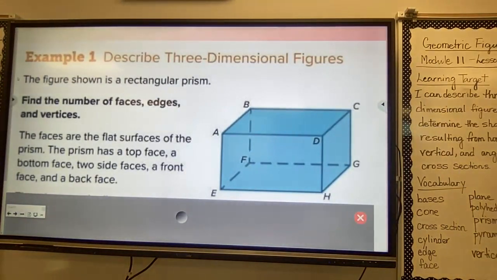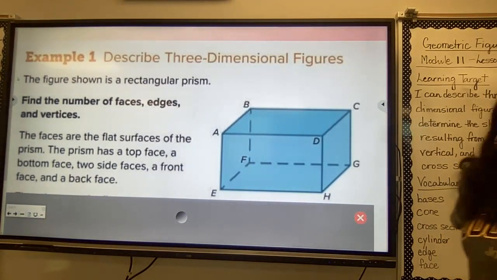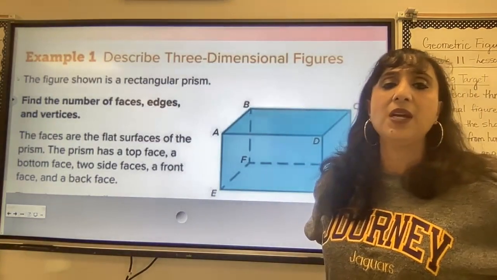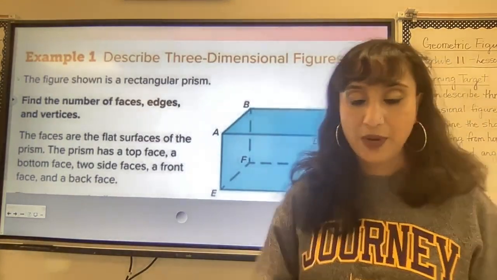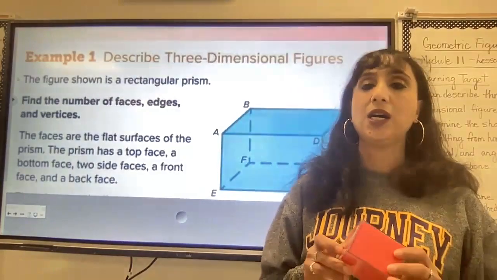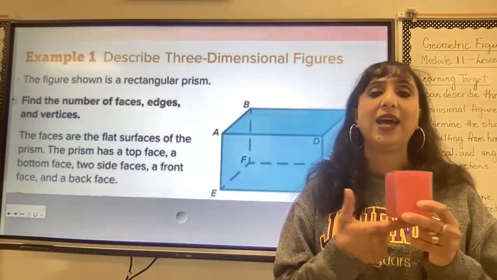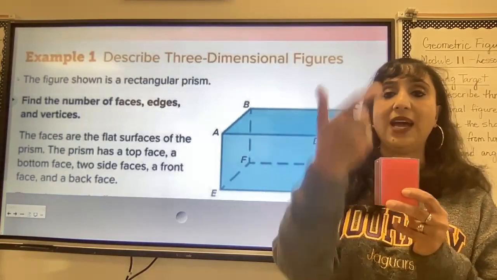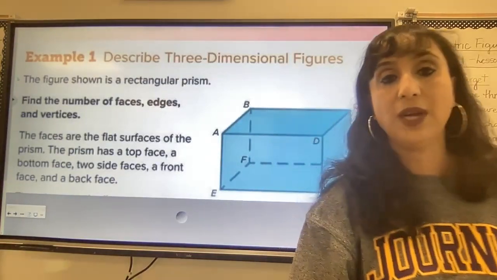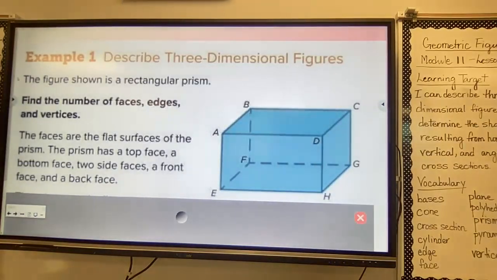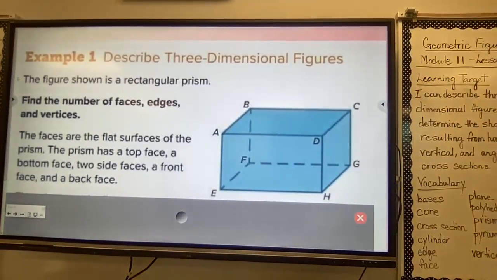Which ones are the faces? So the faces are the flat surfaces of the prism. As I said, the prism has a top and a bottom. Okay, it has two sides and it has a front and a back. Okay, so how many faces does that make? That makes it have 6 faces.